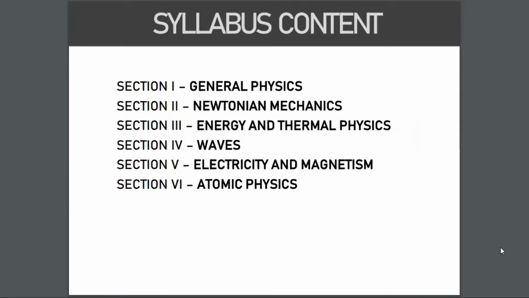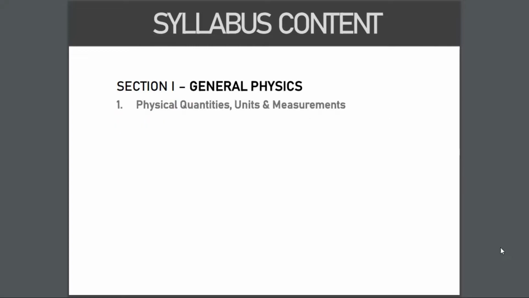Now, if we talk about the syllabus content, the syllabus can be divided into 6 sections, namely general physics, Newtonian mechanics, energy and thermal physics, waves, electricity and magnetism, and atomic physics. Let's look at the first section, which is general physics.